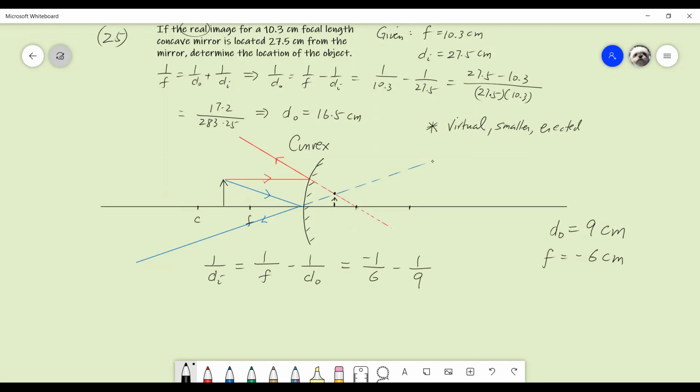What is that? 54. And then I have minus 9, minus 6, which is minus 15. But what is DI? So I have to flip it over: 54 divided by 15, which is minus 3.6.